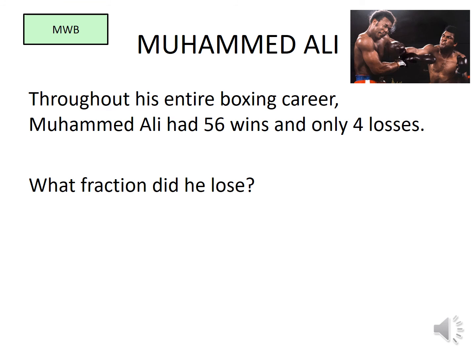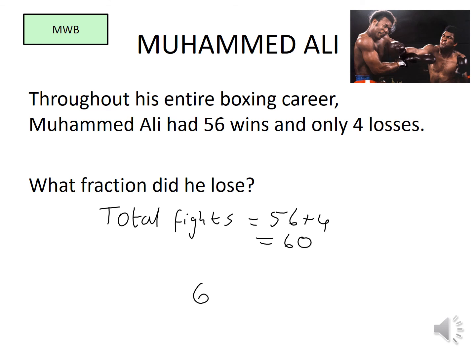Welcome back. First things first, work out the total amount of fights, which is 56 plus 4. That gives us 60. So in total he had 60 fights. That will now go into the denominator. And in the numerator we put how many fights he lost. He lost 4 fights.